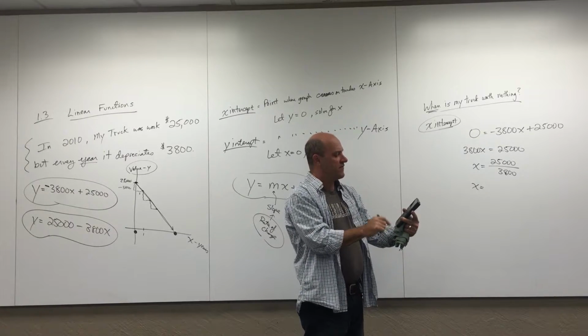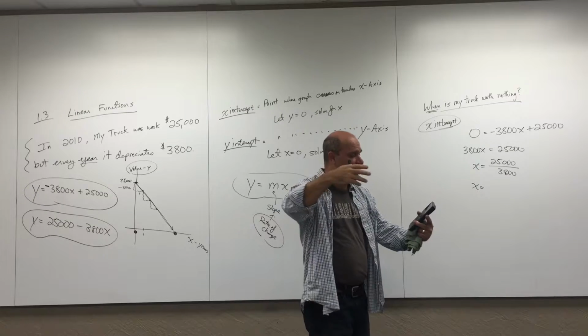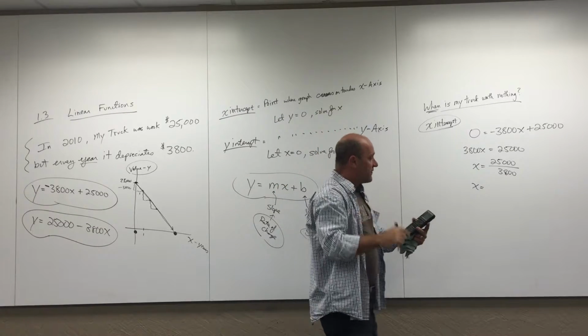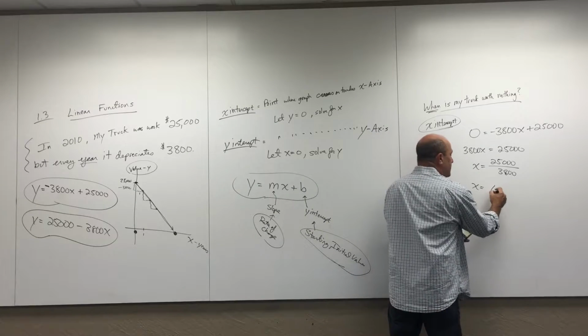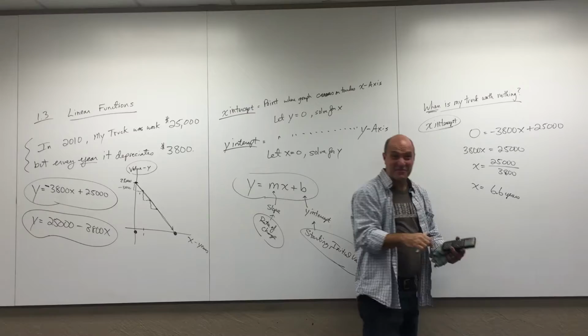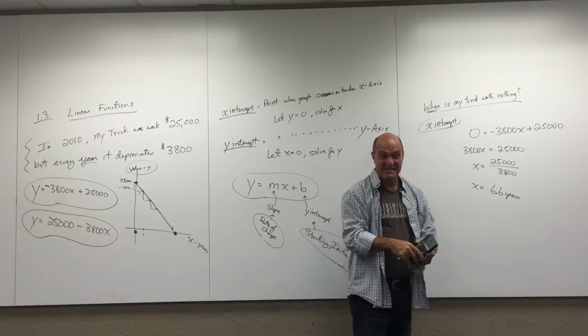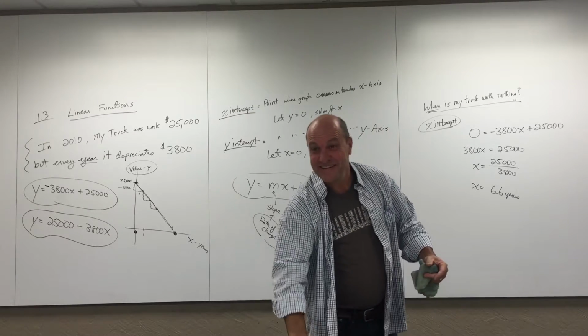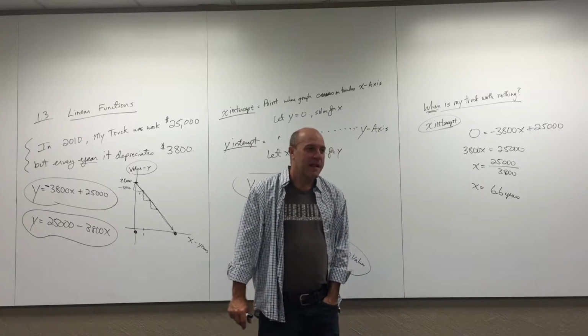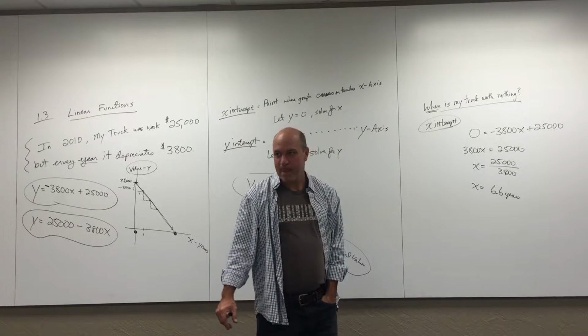Yeah, she's right: 6.57, and so on. It's some kind of strange fraction, but it's a word problem, so it's okay to round this off and call it 6.6 years. Wow, it's worth nothing in 6.6 years? That's not good.